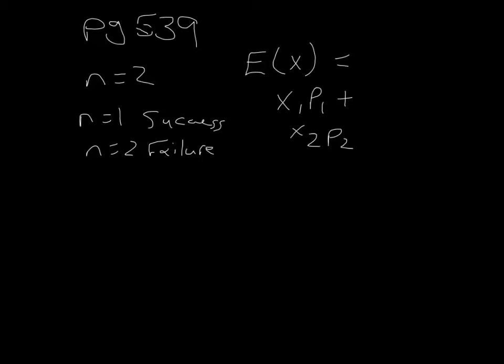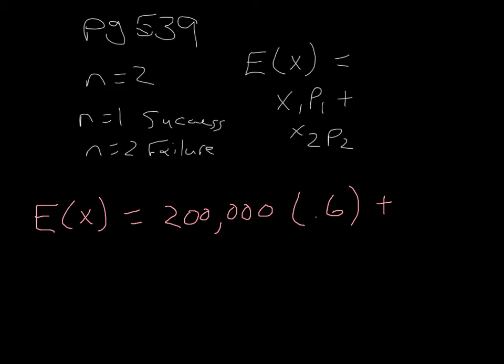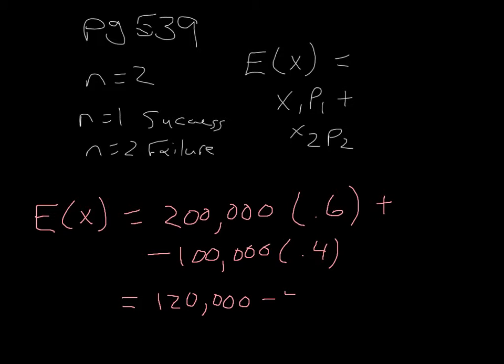So if I were to take this out, you'd see the expected value of x is equal to 200,000 times the probability of 0.6, right, 60%, plus negative 100,000 times 0.4. And if you were to do the math here, you'd see you'd have 120,000 minus 40,000, which is 80,000, which many of you got, and came to the conclusion that you should in fact develop the product.